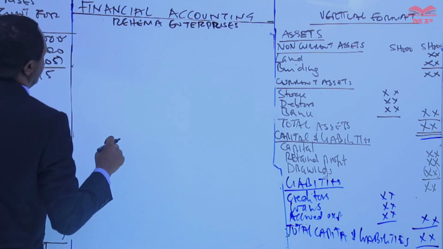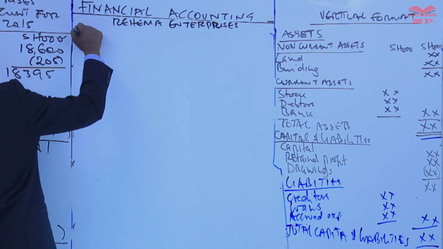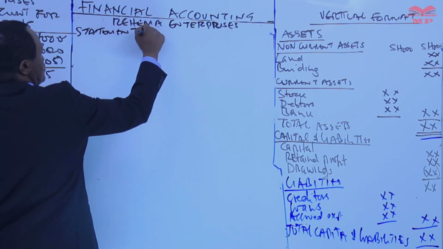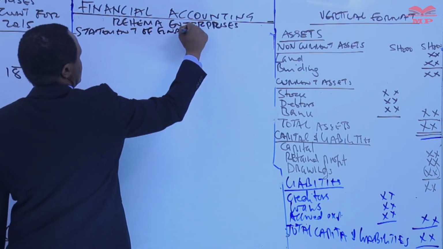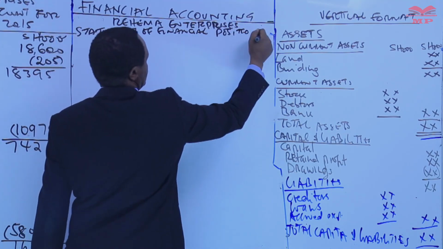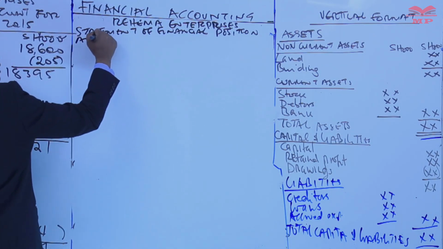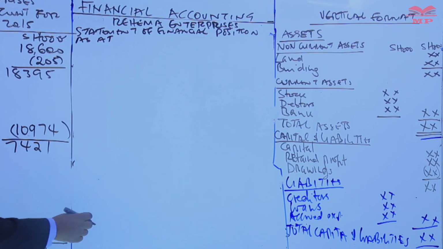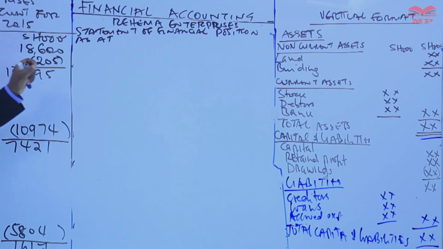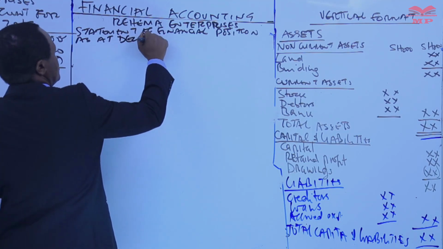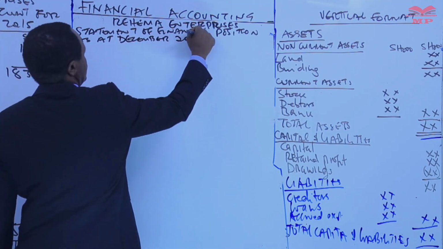Then we write the name of the statement, which is a statement of financial position as at December 2015.